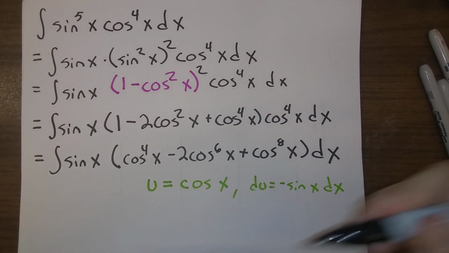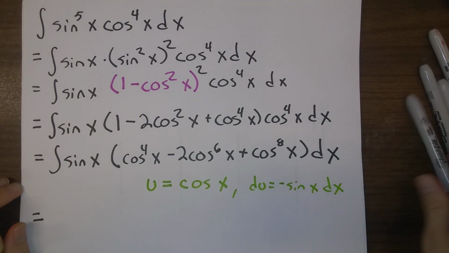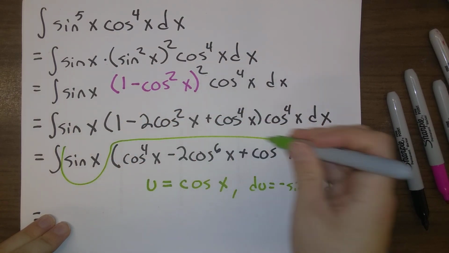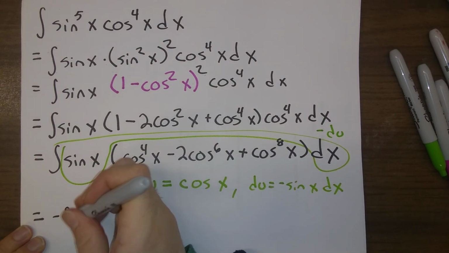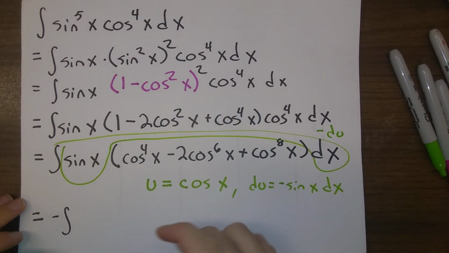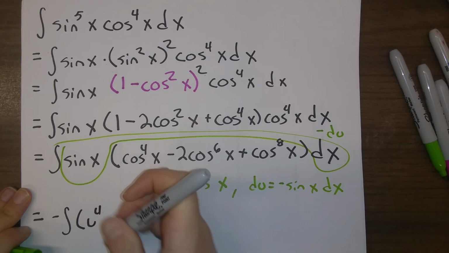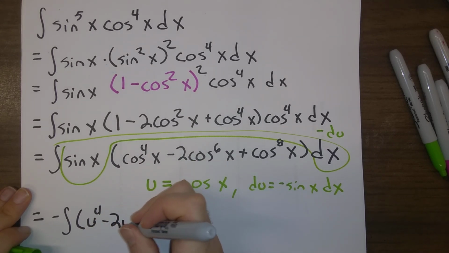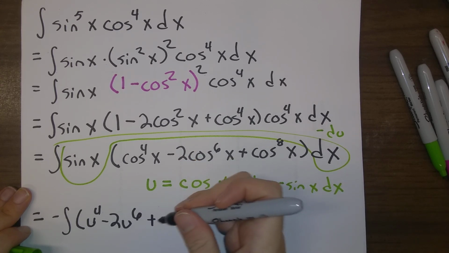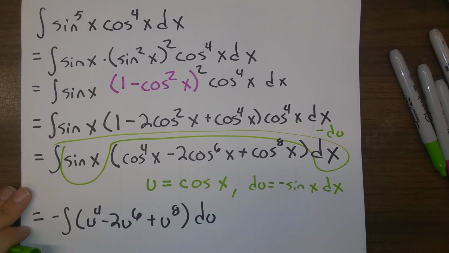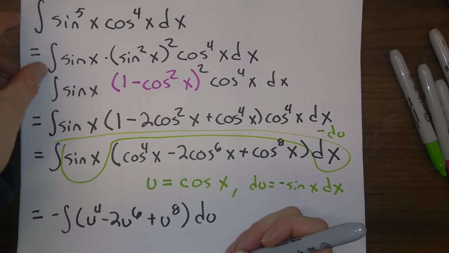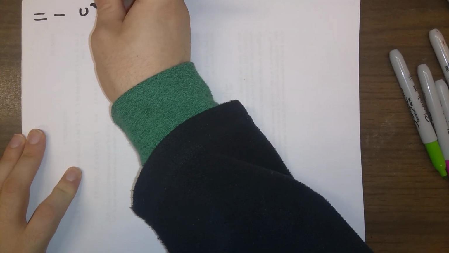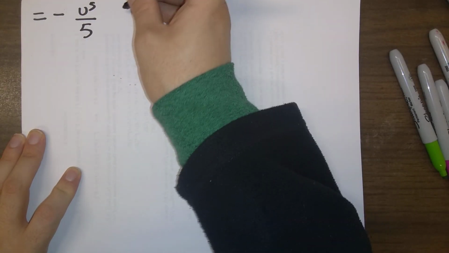So what do we end up with here? Here is minus du, so a minus sign out in front, and then we just end up with u to the 4th minus 2u to the 6th plus u to the 8th, du. To actually evaluate this integral, minus, u to the 4th becomes u to the 5th divided by 5.